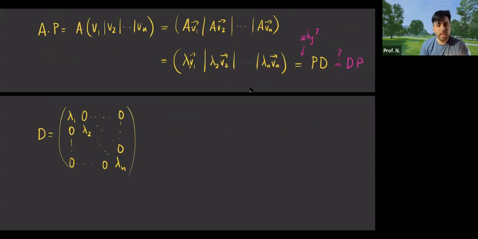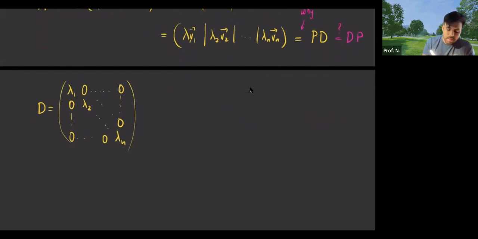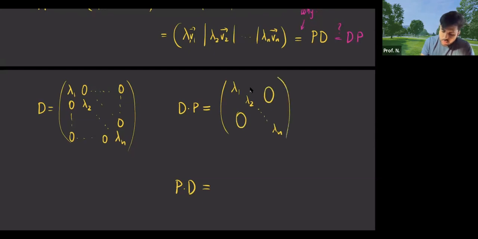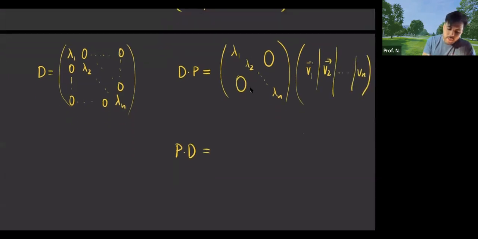Right? So if I multiply D and P, would I get the same thing as P times D? What would happen if I do this, and compare that with what would happen to this here?